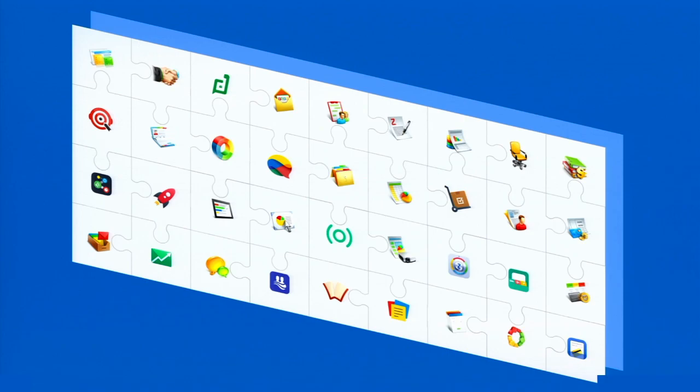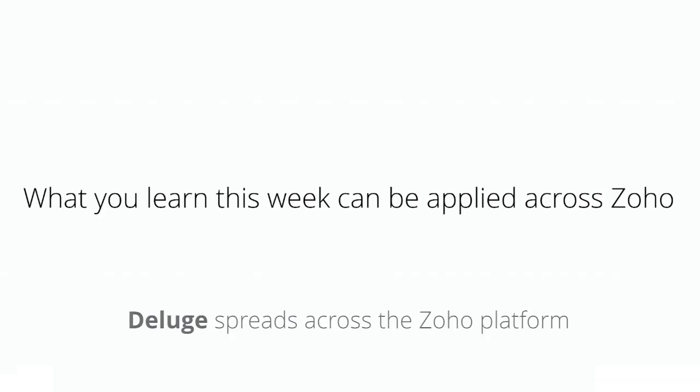So every single application that you see here within Zoho One will have the power to execute the Deluge code that you write. So whatever you learn here over the next couple of days, particularly related to Creator and Deluge, you're not doing it just for Creator alone. Deluge can be written and used to extend and integrate other Zoho applications.